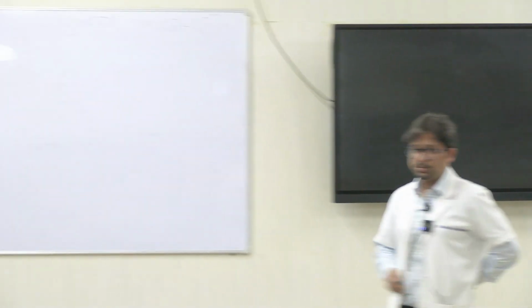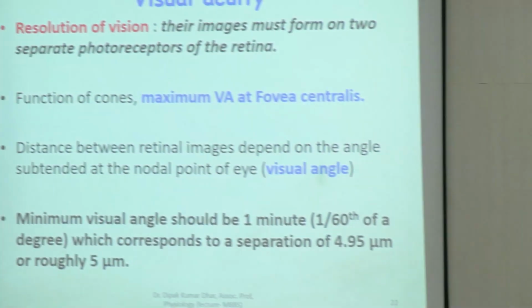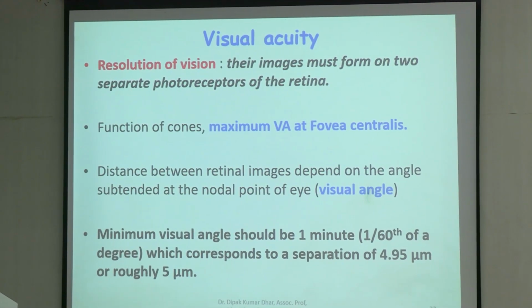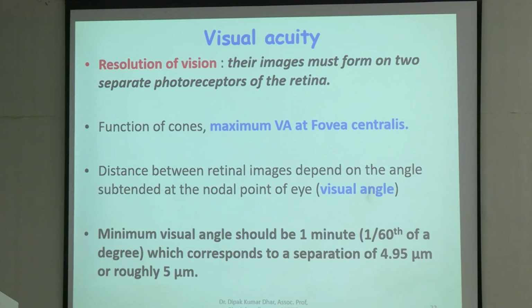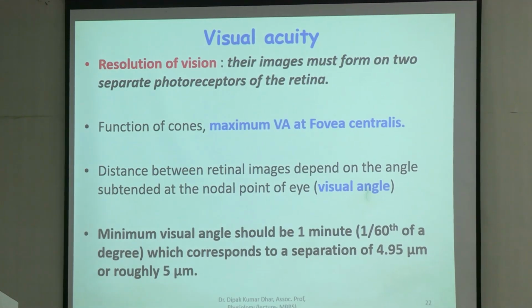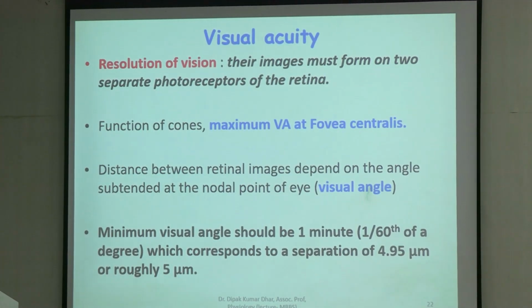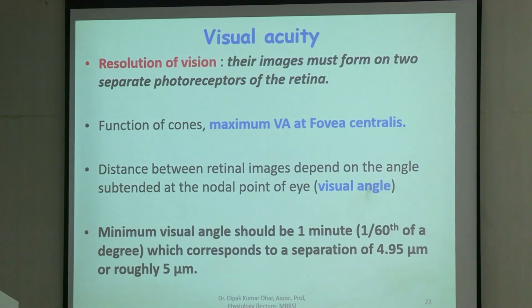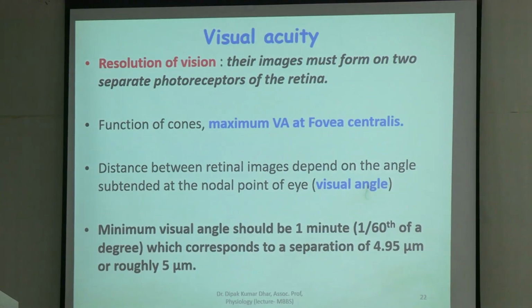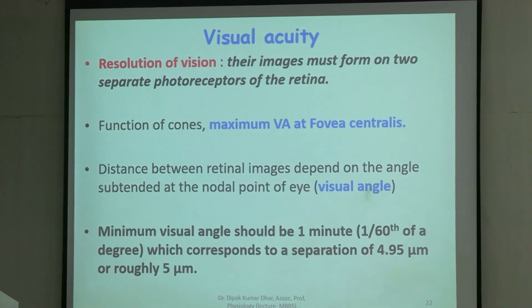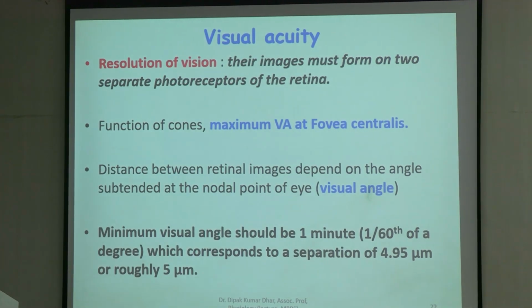Now for this to happen, as I just gave you the example, the image of the object formed on the photoreceptors must involve at least two separate photoreceptors. There should be that minimum separation so that the image forms on two separate photoreceptors. The object I am not placing directly on the retina or the receptors.